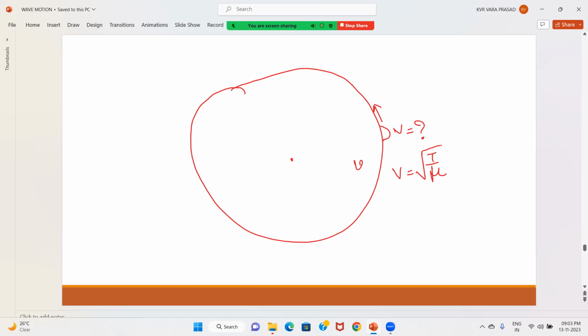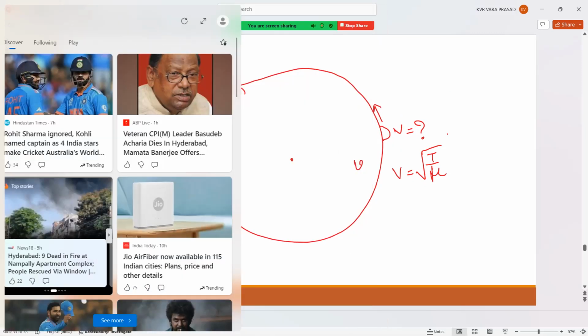So first we should know what is the tension in the string. Then see how to calculate.